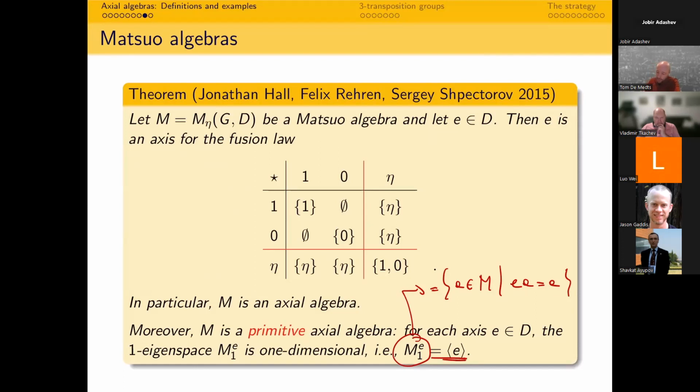That's primitivity. It's equal to just the one-dimensional eigenspace, the span of E. Okay, and these Matsuo algebras always satisfy this.